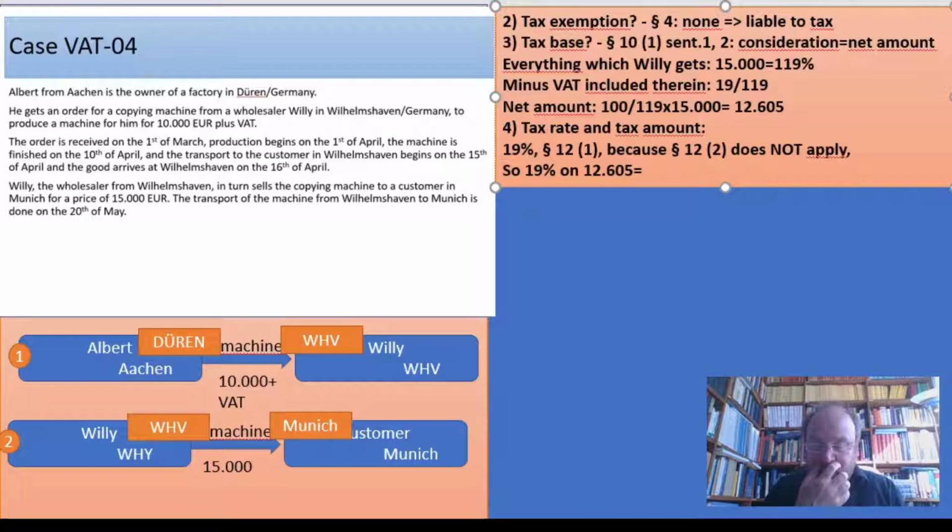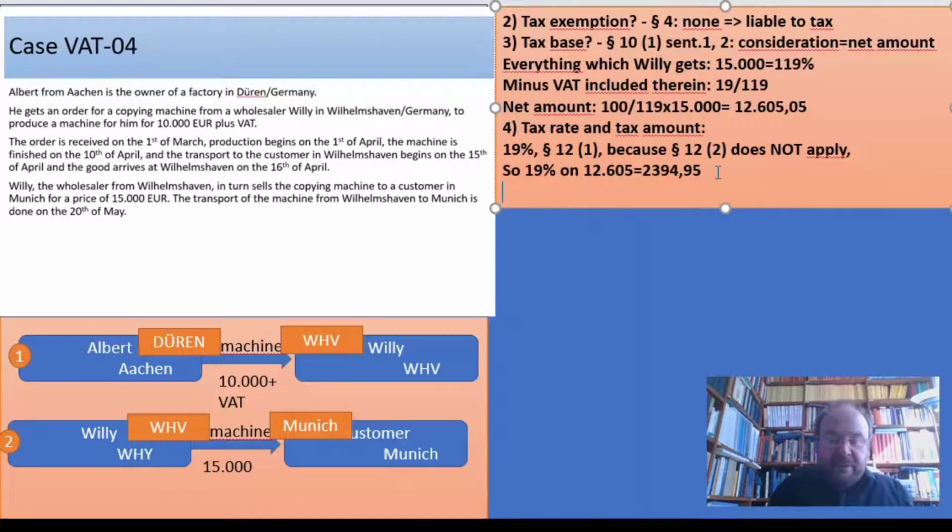That's 2,394.95. The difference is evidently a rounding difference. So I was probably too optimistic here in rounding. So let's check it. And indeed here it's what I forgot. It's 5 cents here. Okay. So if we add that up, you will see it's correct. It adds up again to the gross amount.